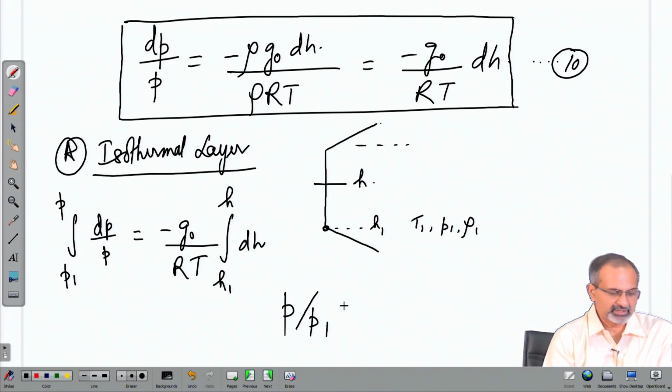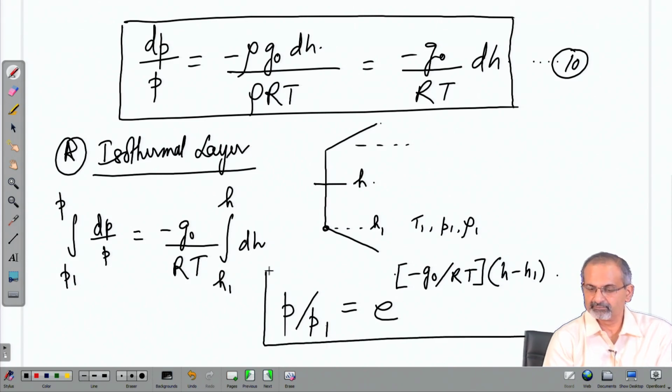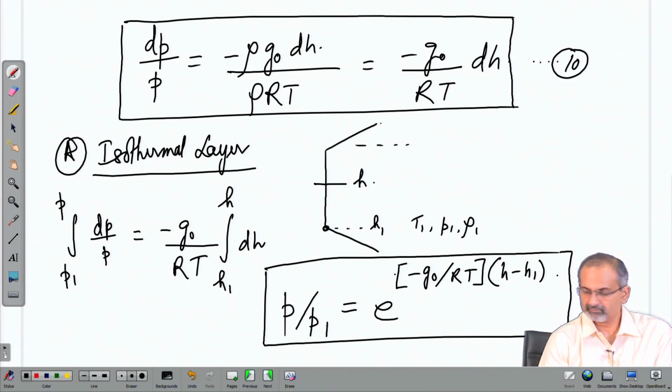It yields an equation for pressure. You can get pressure using this relation now for an isothermal layer. This equation, let us number it as 11.